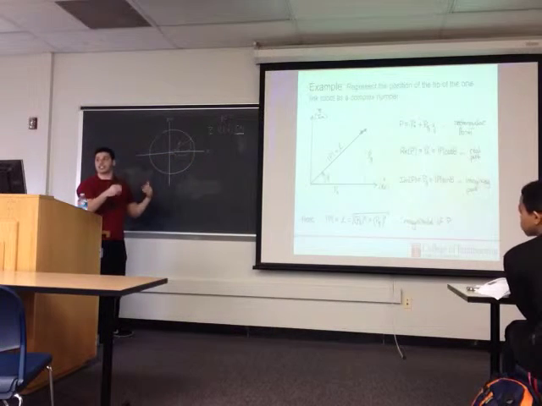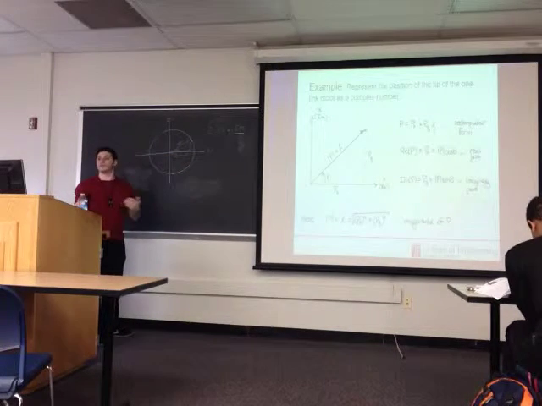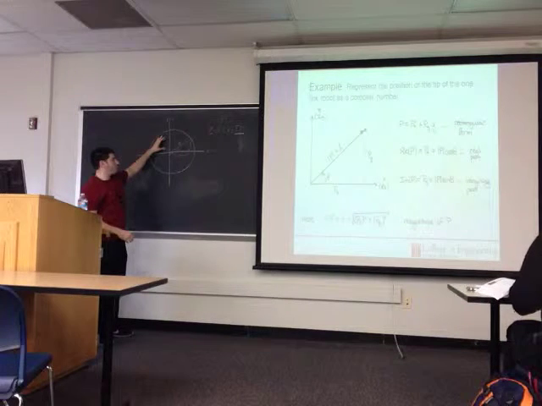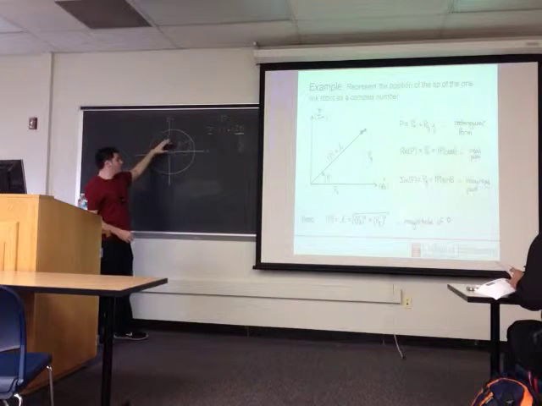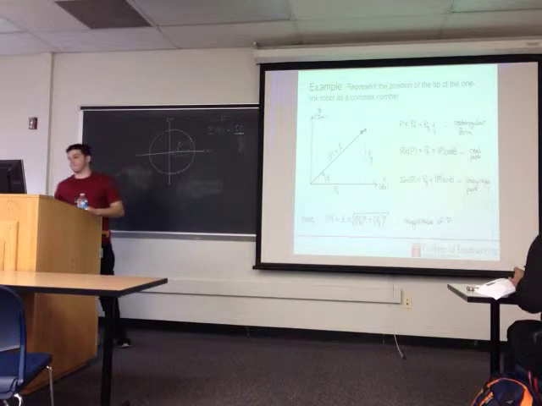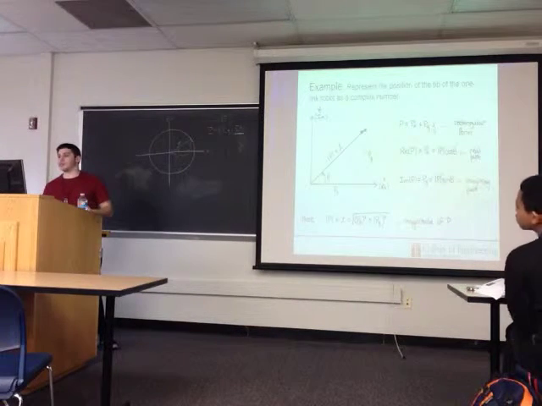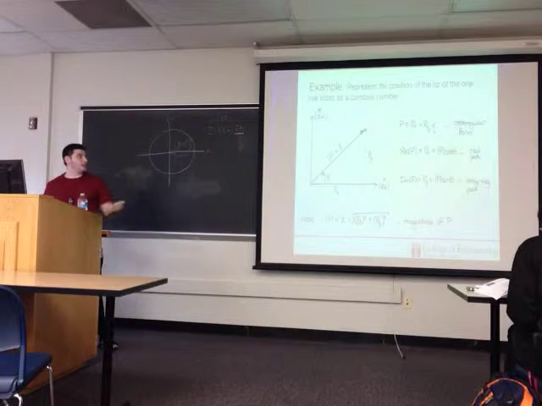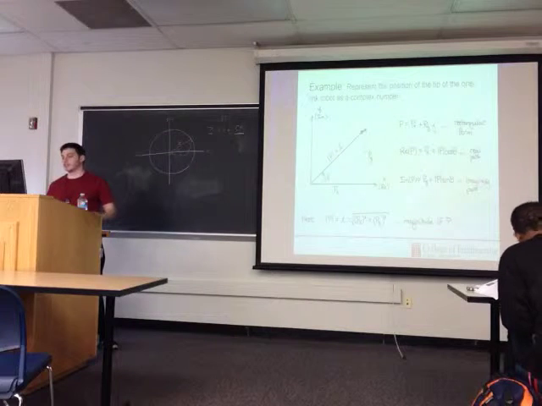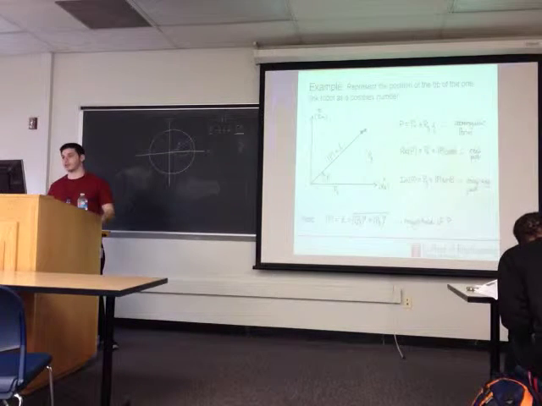Essentially it's just the x component if you're relating it to vectors. Your imaginary component is going to be your y component of this line. This just demonstrates it, but the only difference is this right here is the imaginary axis instead of the y-axis, and this is the real axis instead of the x-axis.